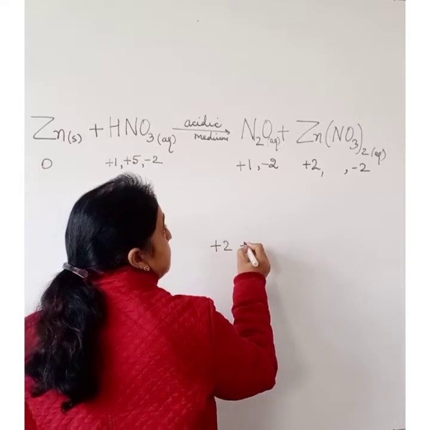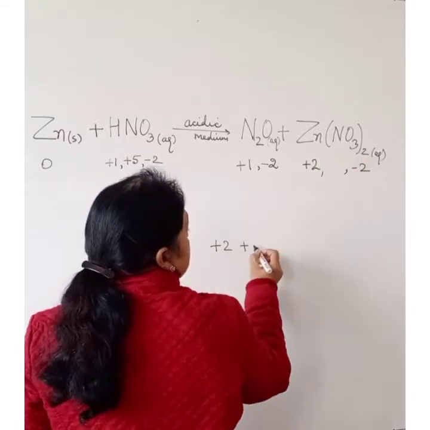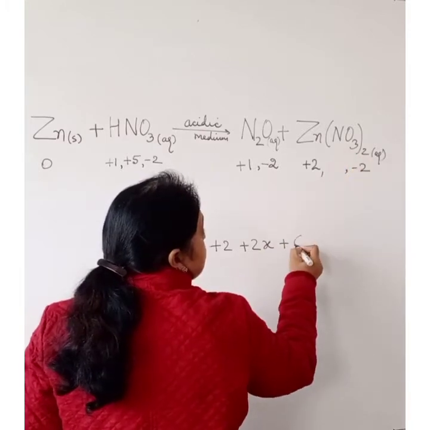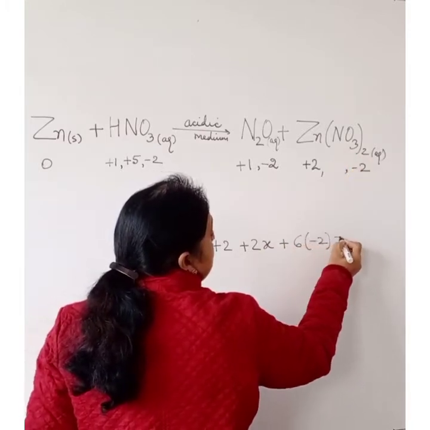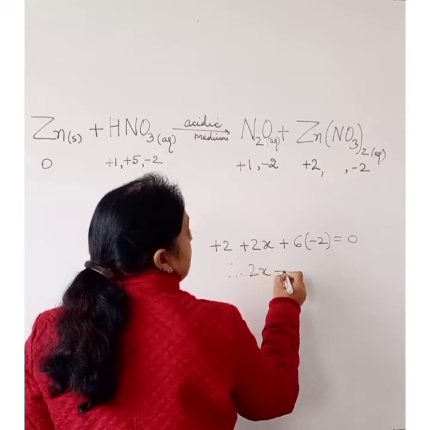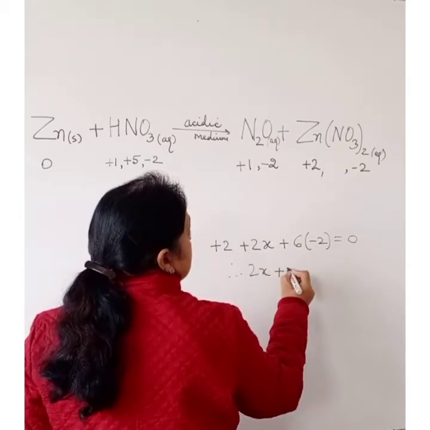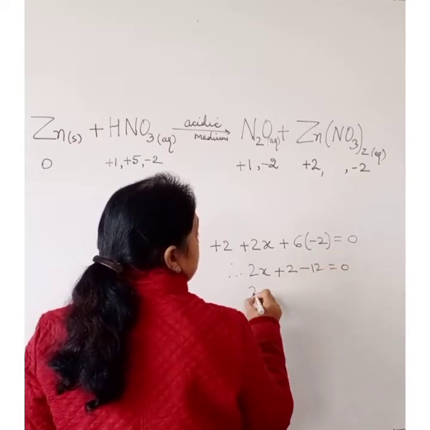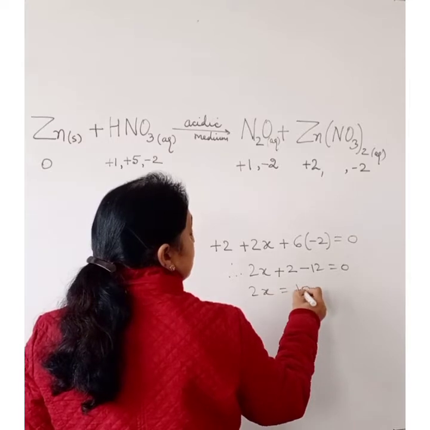+2 plus 2 nitrogen. So 2x plus 3 2s are 6 minus 2 equal to 0. Therefore 2x plus 2 minus 12 is equal to 0. 2x is equal to 10.